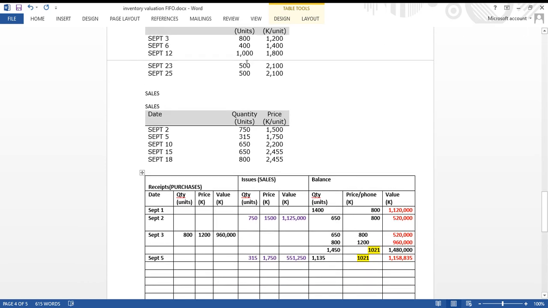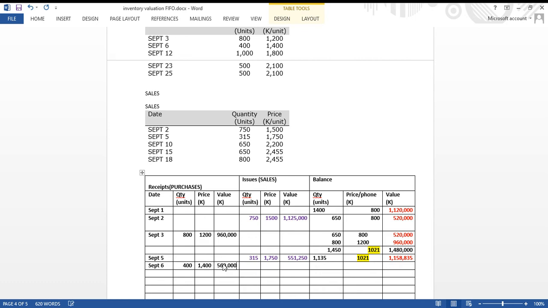Our next transaction, September 6th, we bought 400 units at 1,400. 400 times 1,400 is 560,000.